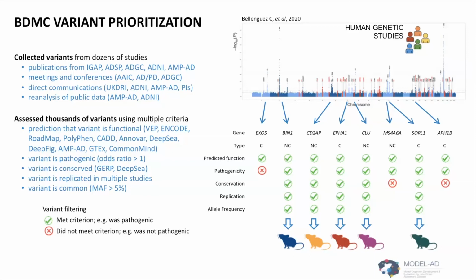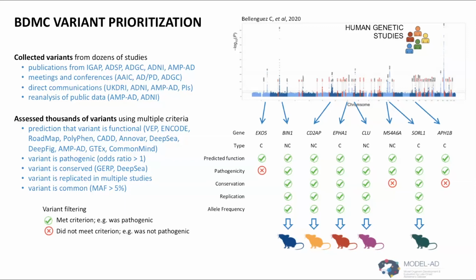So, for instance, one region that we struggle with is the MS4A6A region, which is quite different between humans and mice. And so we're unable right now to identify a risk variant, but are considering humanizing this region in order to include it because we think it's an important gene. But basically, if we can't find conservation, we won't necessarily introduce that simply by CRISPR-Cas9.